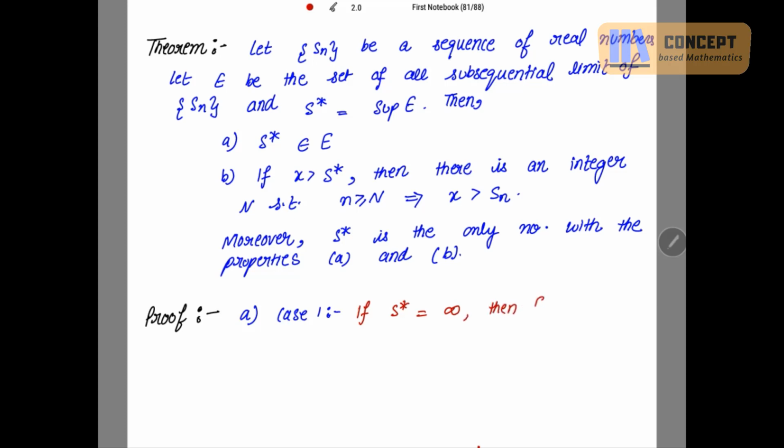If S star is infinity, that means E is not bounded above. What is E? The set of subsequential limits. So if the supremum of E is infinity, then we say that E is not bounded above.